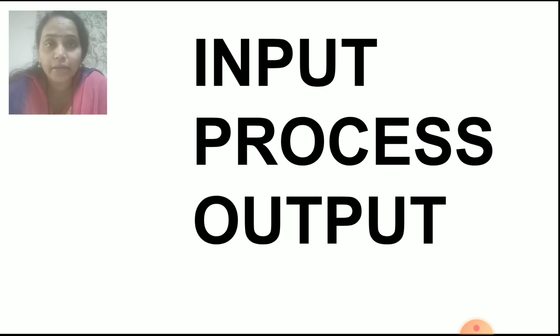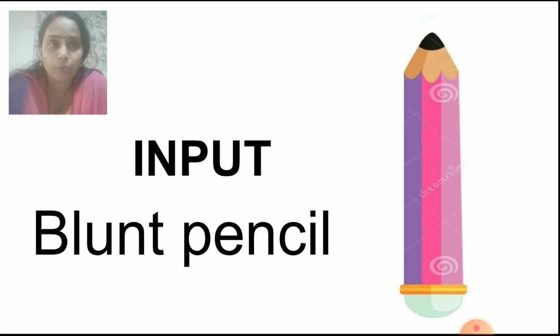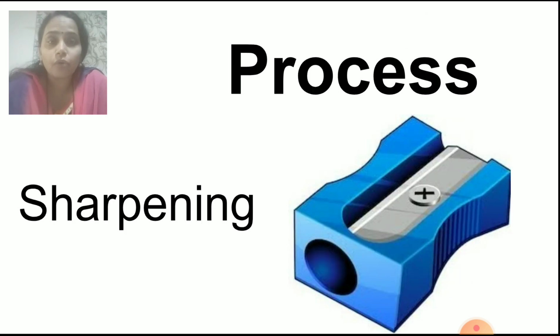Now, what is input, what is process and what is output, that I will explain to you now. See, I am giving you one example. Take one blunt pencil. As an input you take one blunt pencil, and when you want a sharp pencil, you need to do what? Sharpening, right?